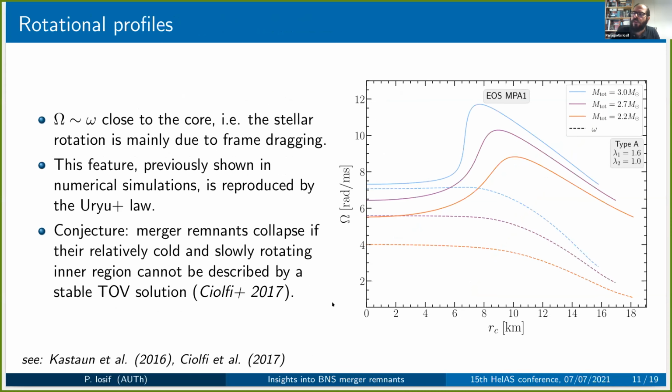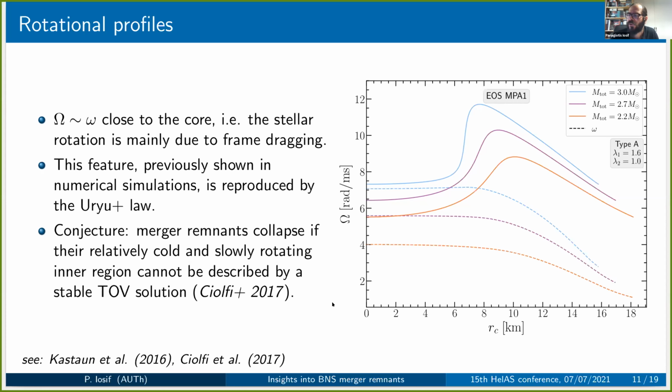And moving on to take a look at the rotational profiles of long-lived remnants, and by long-lived I mean remnants that survive some tens of milliseconds and have the time to become quasi-spherical. We found that with the new differential rotation law, a key feature that was already known from a lot of numerical simulations is reproduced.